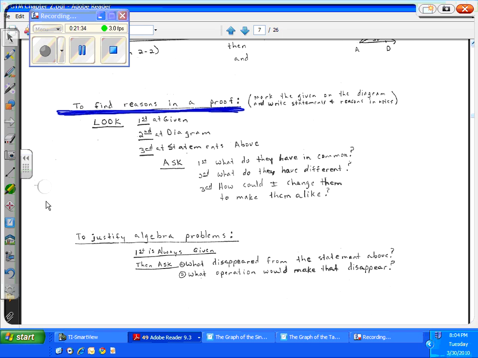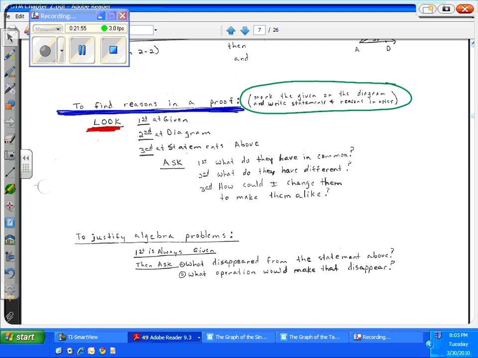And as we just do reasons only, that's going to help us with the two-column proof thing. The first thing we're going to do, as we said in the other, is to mark the given in the diagram and write statements and reasons derived from the markings in the note section. That's going to be important to do whether you're doing an entire proof or reasons only.